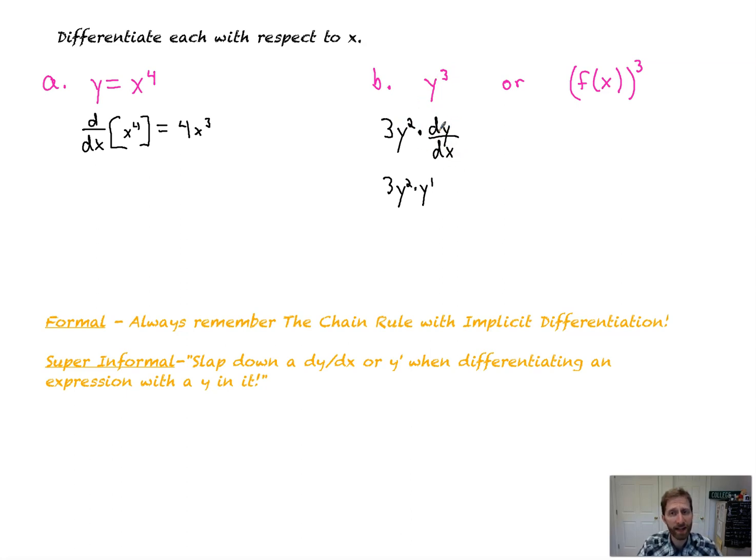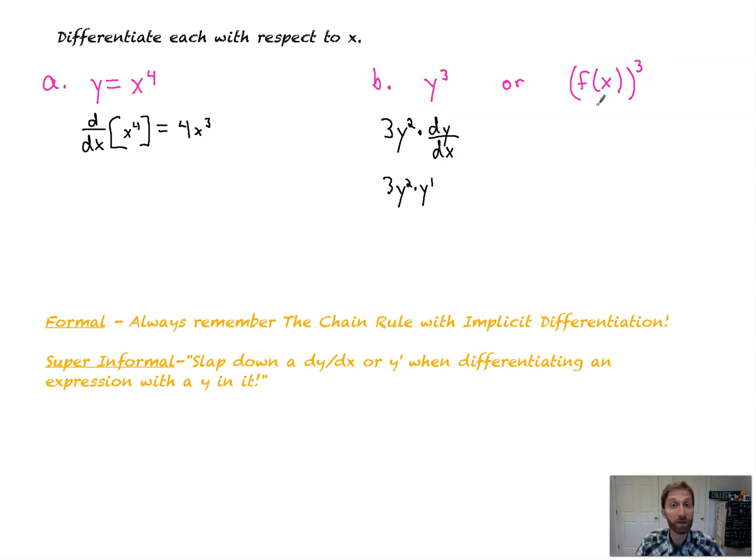So you could memorize that and say, okay, anytime there's a variable that doesn't match what we're going with respect to, I've got to multiply by its derivative with respect to that variable. You'll get the pattern of it as we go over more examples. But here's why that makes sense and why the chain rule is doing this. The implied part, this is implicit differentiation, is that y is actually some function of x. That's implied.